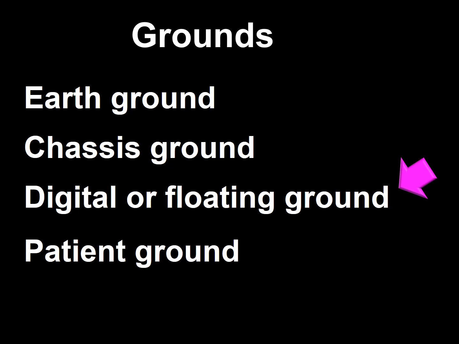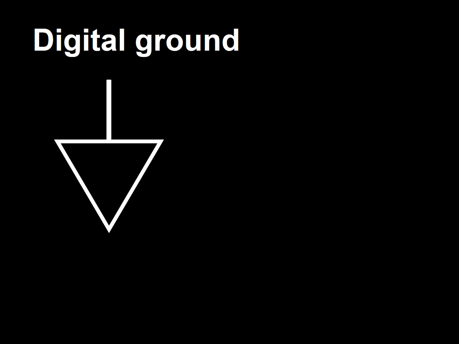The third type of grounding is digital or floating ground. The symbol for digital or floating ground is as you see in this frame. The only function of a digital or floating ground is to provide a galvanic neutral point.